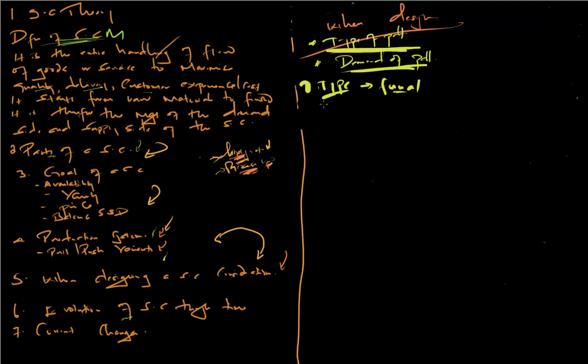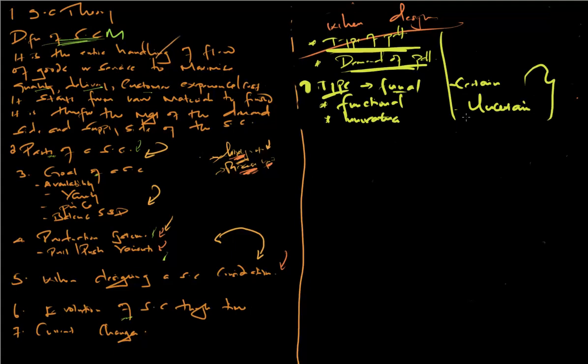Is the product a functional product? Or is the product an innovative product? Under demand type, we are trying to answer, is the demand certain? Or is the demand uncertain? These are the two things that we are basically trying to bring on board.